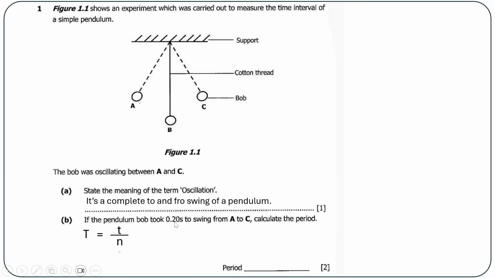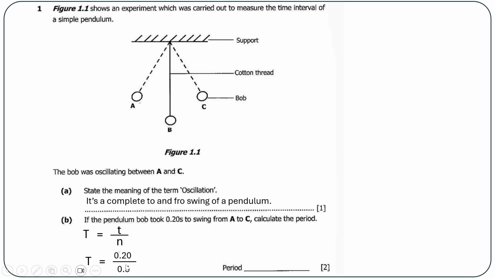The time we are given is 0.2 seconds, divided by the number of swings. Since it only moved from A to C, that is just halfway of the swing. So half is 1 over 2, which is the same as 0.5.